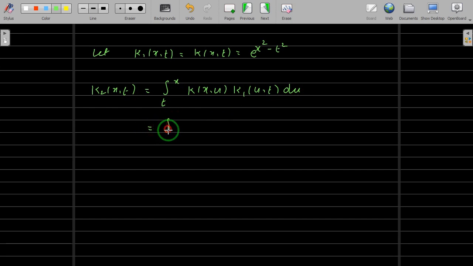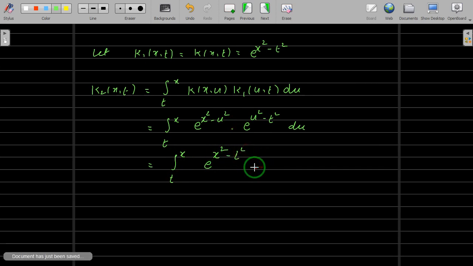and this is the same as integral t to x, where k of x comma u is e raised to x square minus u square, and k1 is again the same as k, so it is e raised to u square minus t square, du. When you simplify this, the u square cancels out, giving integral t to x of e raised to x square minus t square du.